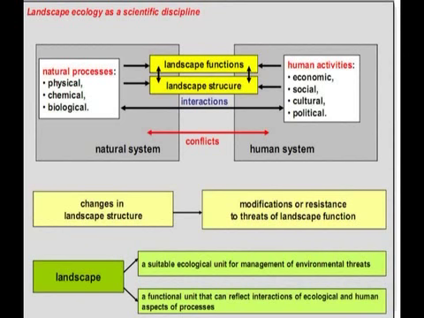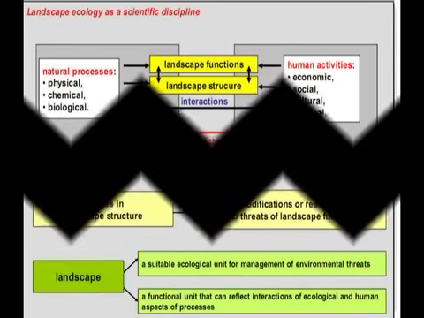Hence, understanding the environmental threats or impacts of anthropogenic activities in these natural systems will be useful in identifying suitable ecological units for management. Landscape as a functional unit can reflect interactions of ecological and human aspects of processes.